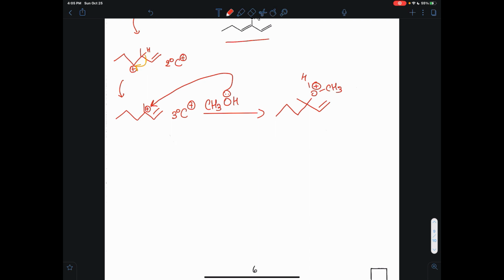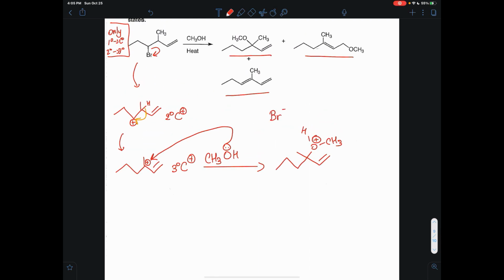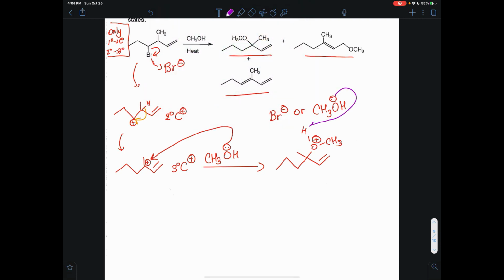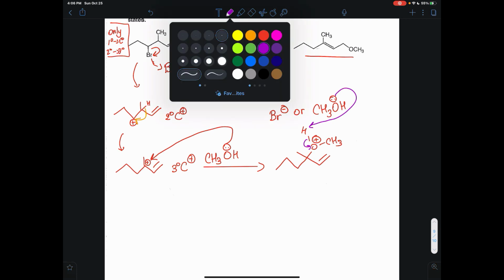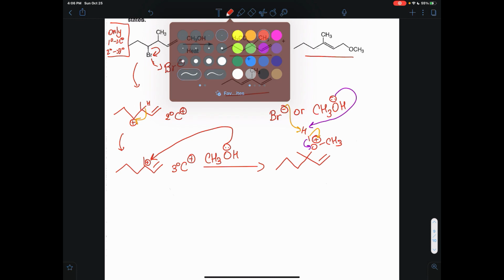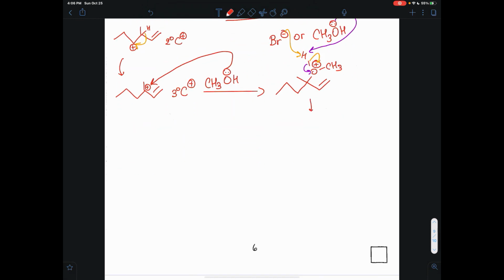I have two things that I can use to deprotonate: either a Br minus, because remember this Br that left right here is going to form a Br minus, or I can use a CH3OH with the lone pair. If I use CH3OH, I would just use the lone pair, grab this hydrogen right here and kick this one off. If I use the Br minus, then I'll use the negative charge, take the hydrogen and get rid of this positive charge. Either way, I'm gonna end up with the same product.